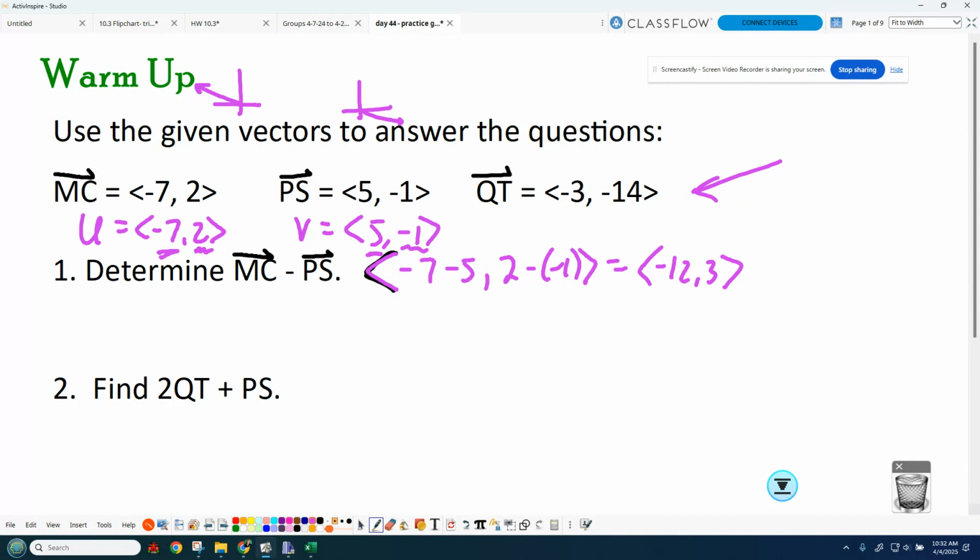Ahmed, how do I find just 2QT? What is that piece? Multiply it by 2. So you get 6 and negative 30. Thank you, negative 6. And I need to add vector PS.